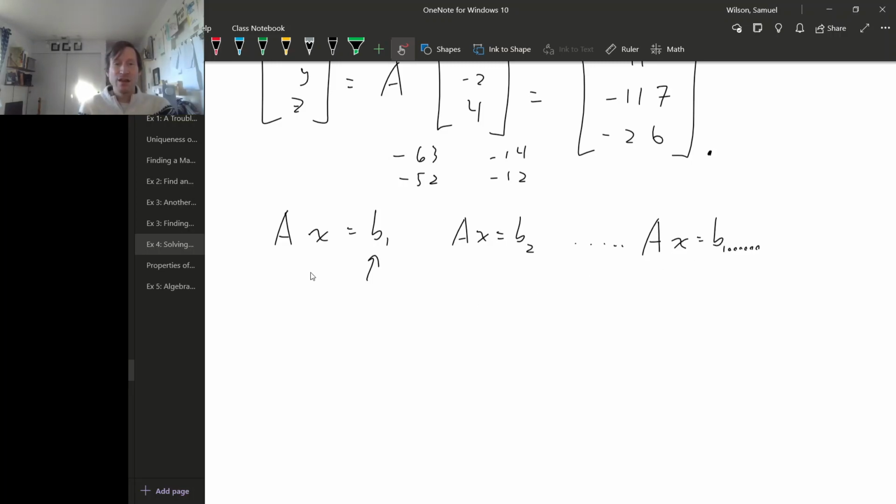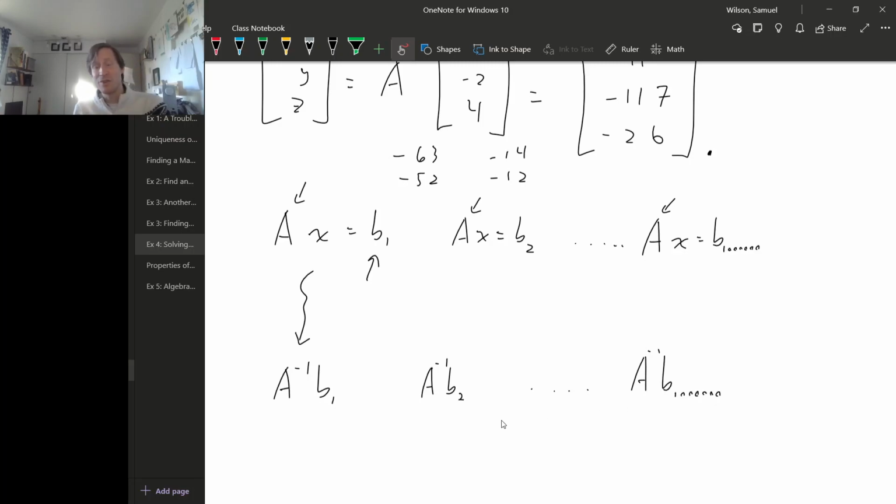Instead, you can find the inverse matrix once, because we're assuming that the left-hand side matrix is the same for all of these systems of equations. Find the inverse matrix once, and then you can just do all of these matrix products: A inverse times your first right-hand side, A inverse times your second right-hand side, and so on, up to A inverse times your millionth right-hand side.